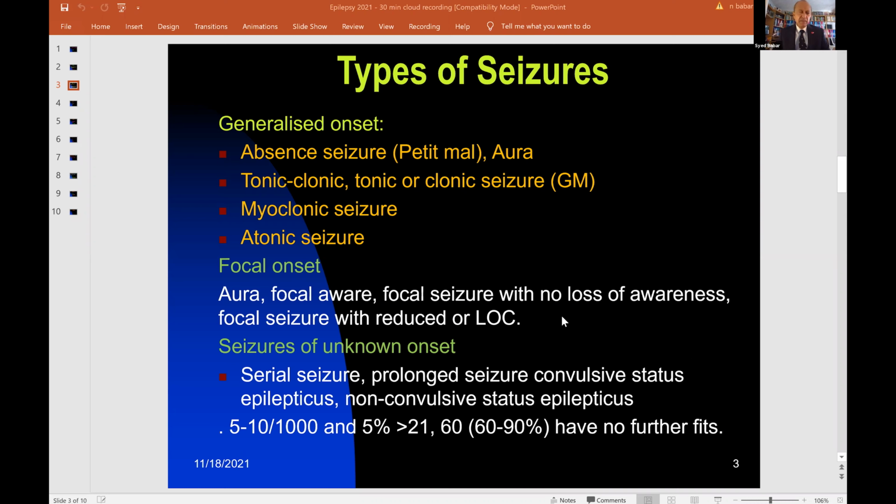And one needs to remember that almost greater than half of the generalized epileptic attacks do not occur a second time at all. And sometimes this incidence goes on to 90%. However, there are limitations in terms of how one conducts oneself with a history of epilepsy.